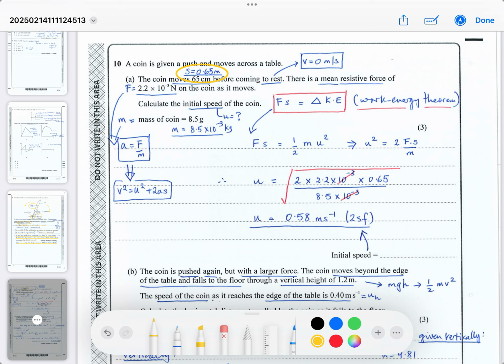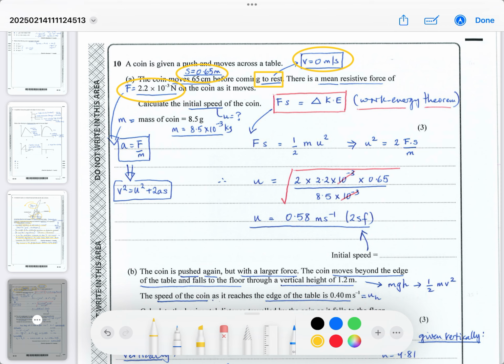Before coming to rest, that means the final velocity is 0 meters per second. There is a mean resistive force F of 2.2 times 10 to the minus 3 newtons on the coin as it moves. That's what's slowing it down. Calculate the initial speed of the coin.